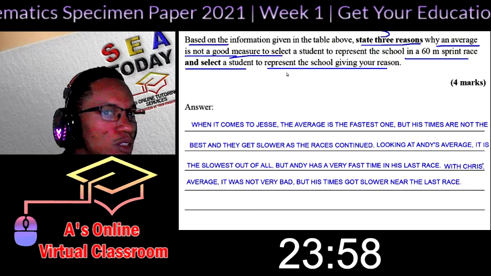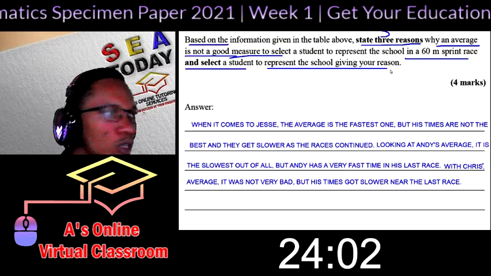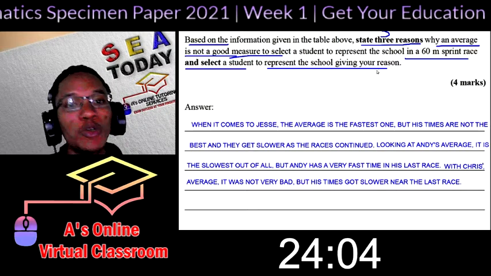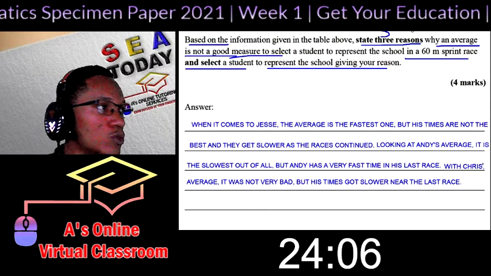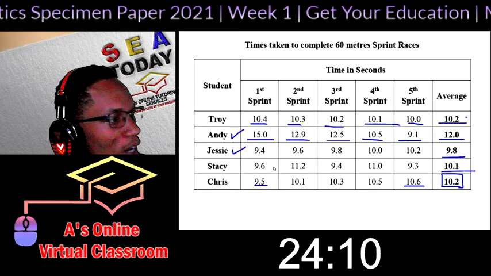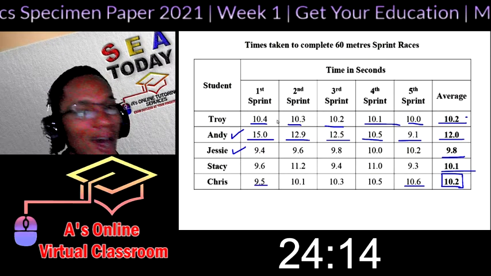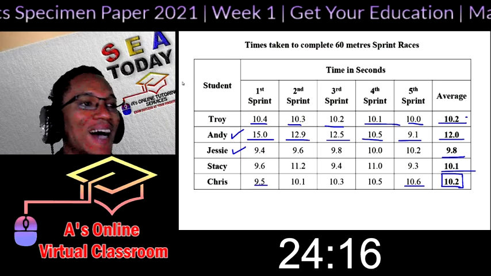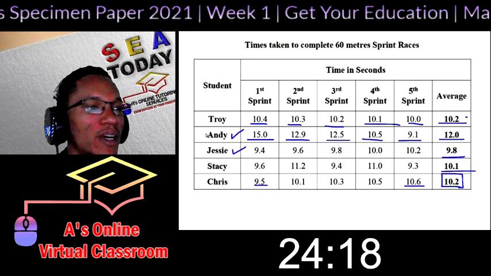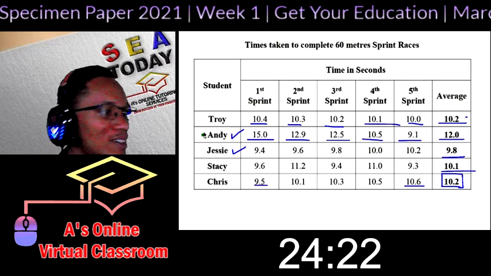Now they want us to select a student to represent the school, giving a reason. So I already know who I want to run my race for my school. You could say who you want, and based on all of these times here, I would actually choose Andy as my representative for my school. Why?